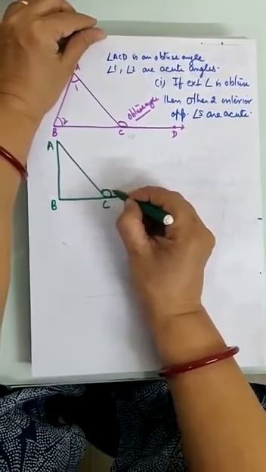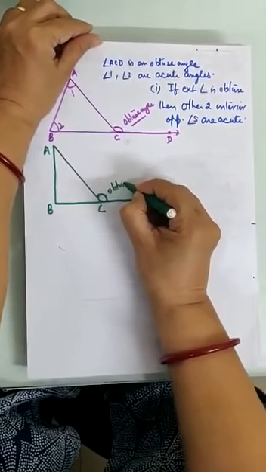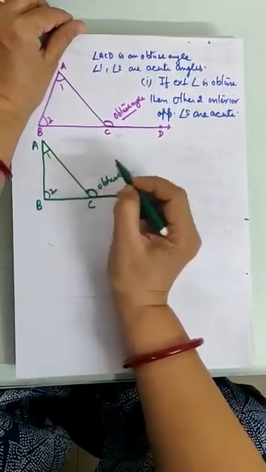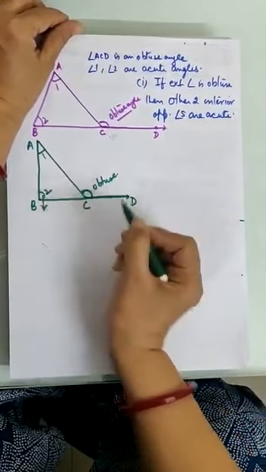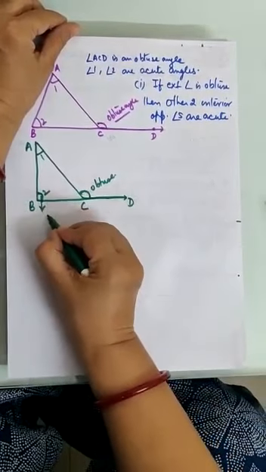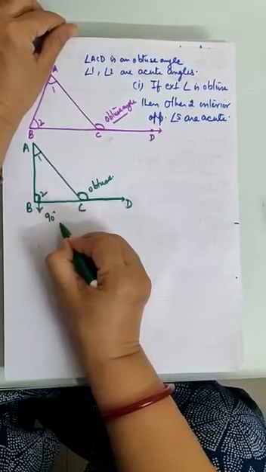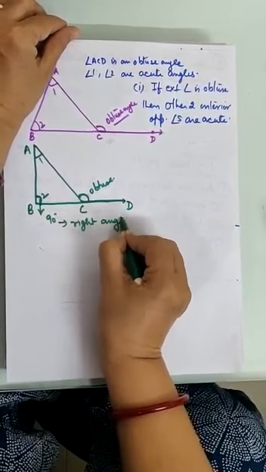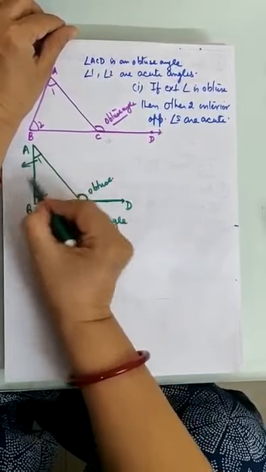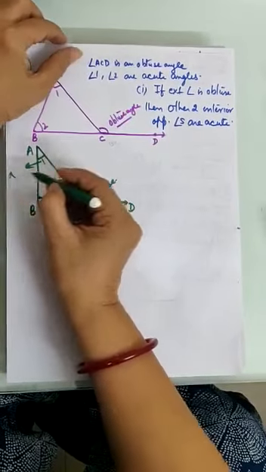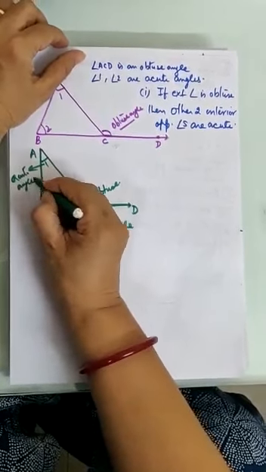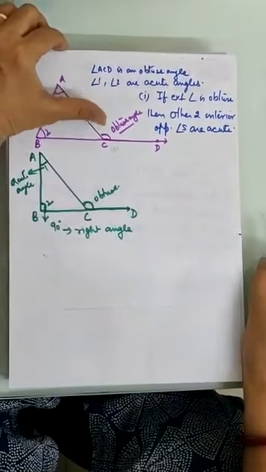This is the exterior angle which is obtuse, right? Let us name angle 1 and angle 2. What kind of angle do you observe this to be? This is 90 degrees, that is a right angle. And what kind of angle is this? This is an acute angle.